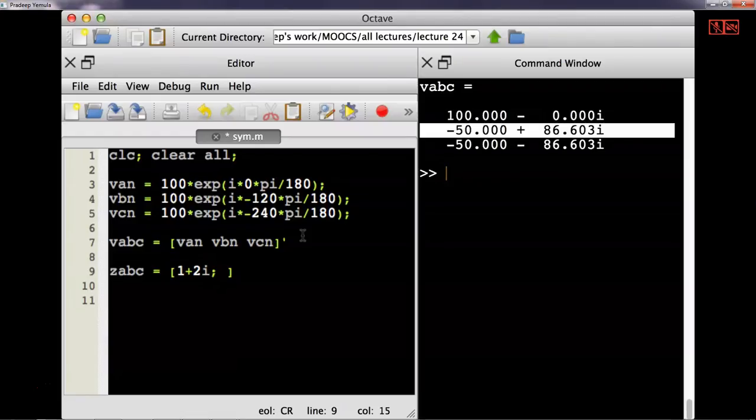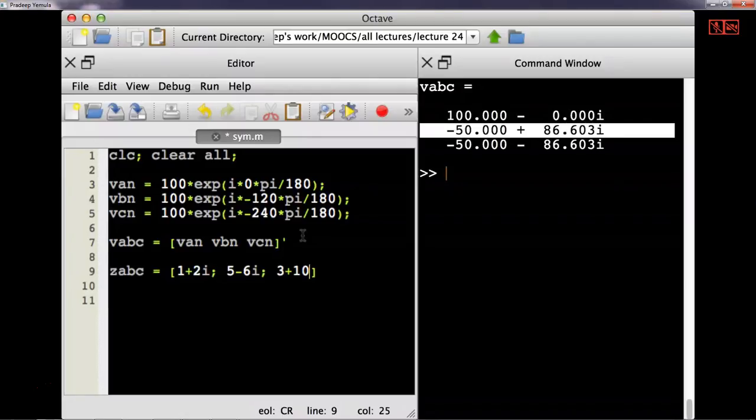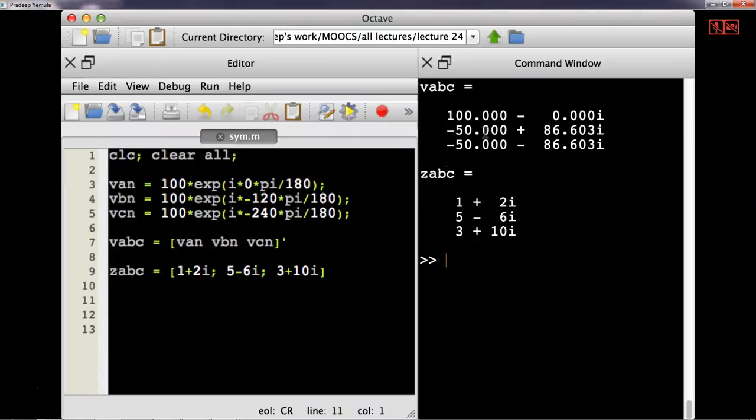And the third impedance is 3 plus J10. So I am defining like this. Let me execute this. Now on the right hand side, you can see the voltages are defined and the impedances are also defined, the three phase impedances.